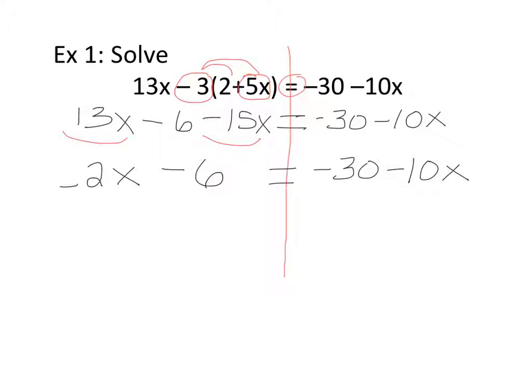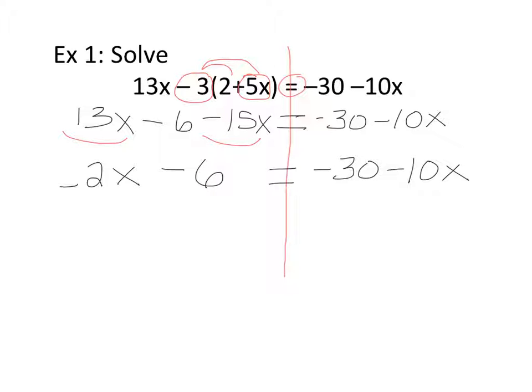Once each side is simplified, we will begin to use our properties of equality to move all of the terms with variables to one side and all of the terms without variables to the other side. So let's start by moving our variable terms. I see a negative 2x on the left-hand side and a negative 10x on the right-hand side.